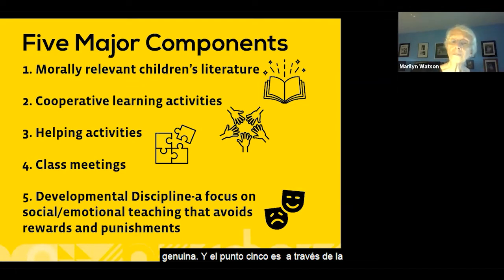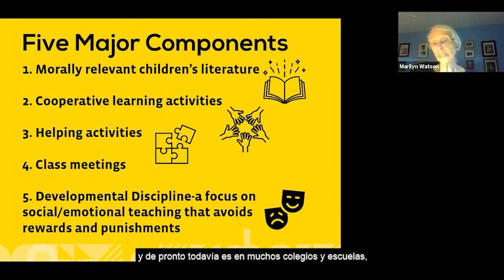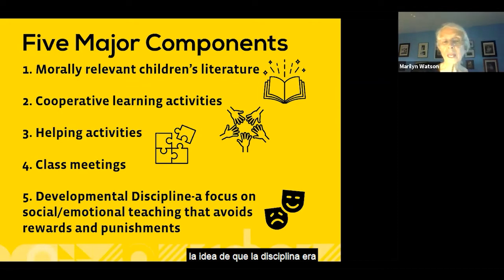And then five is something called developmental discipline, which was at the time and may still be in many schools. The idea was that discipline was about controlling children, and it was about using the least painful method to get them to do what you want them to do.